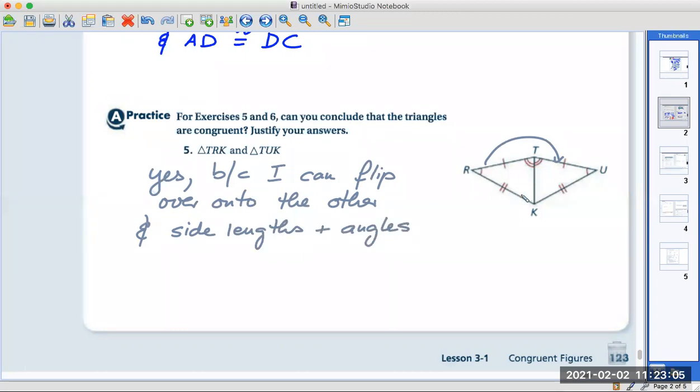We still have this angle to deal with and this one, but we got two angles and two sides. Now, when I say two angles, I mean in each triangle. We got two angle pairs, yeah? In all actuality, you're seeing four angles, but we're talking about each triangle has two angles and two sides that match up to the other one.